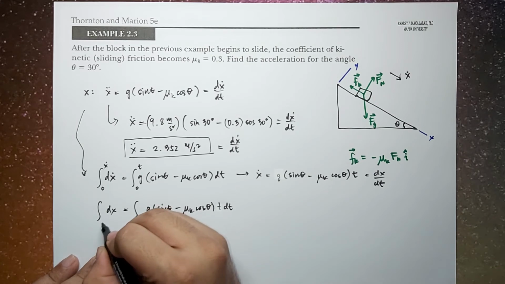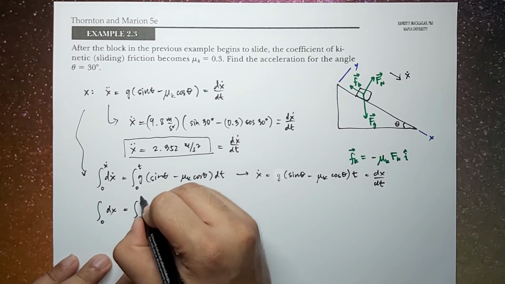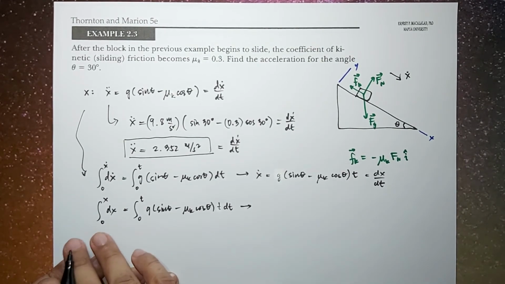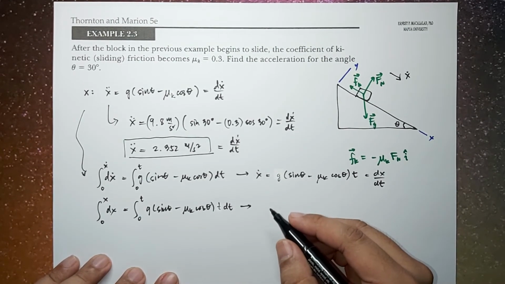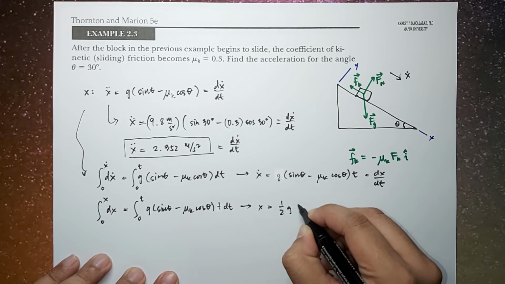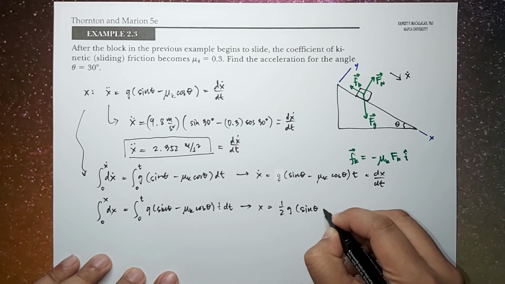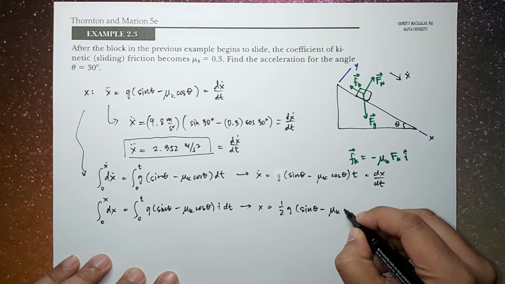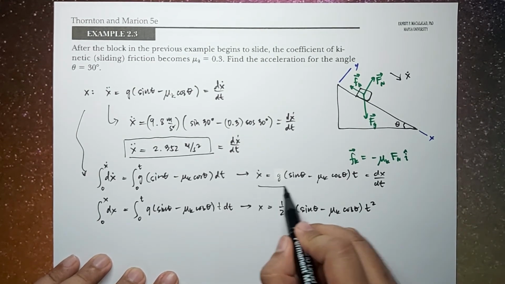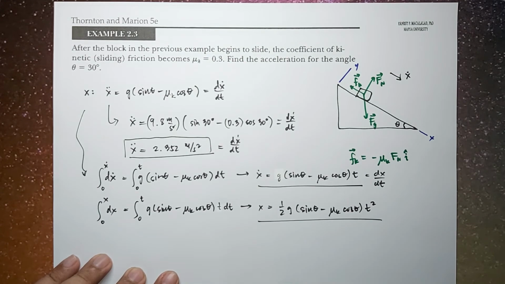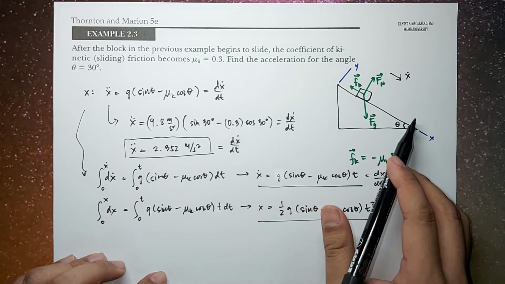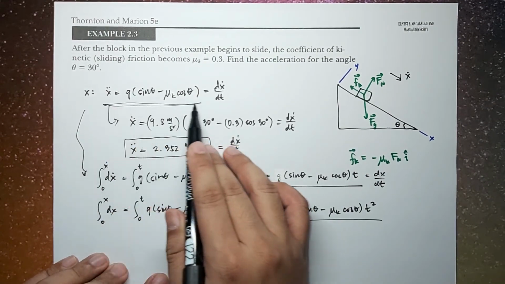Let's say the object started at the origin, and then at a later time t, the position is at x. Integrating this, we now have x equal to one half of g times sine theta minus mu k cosine theta times t squared. So this is the velocity and position as a function of time of this object as it slides down, given this acceleration.